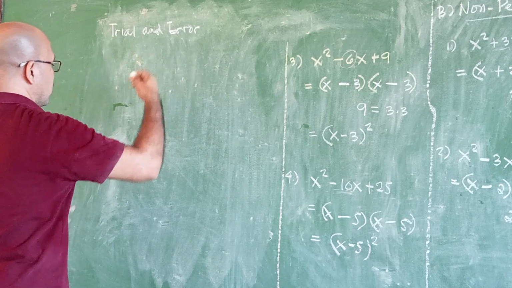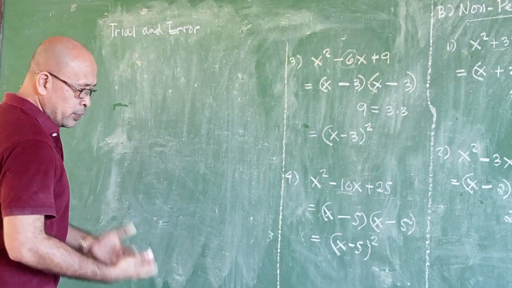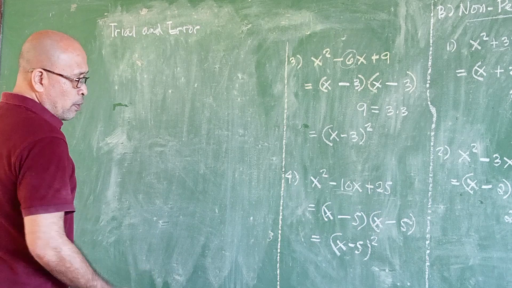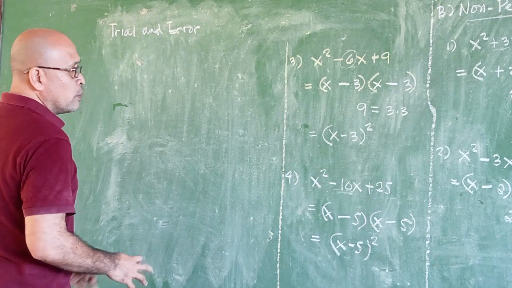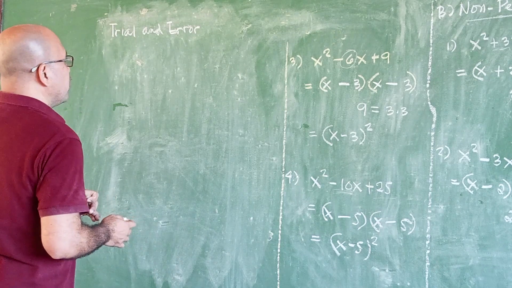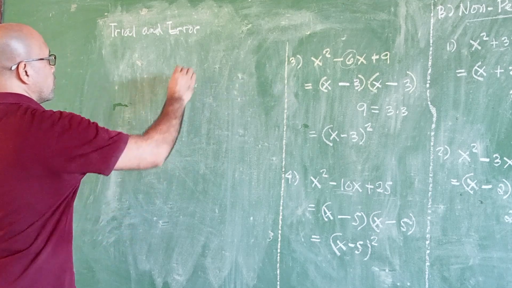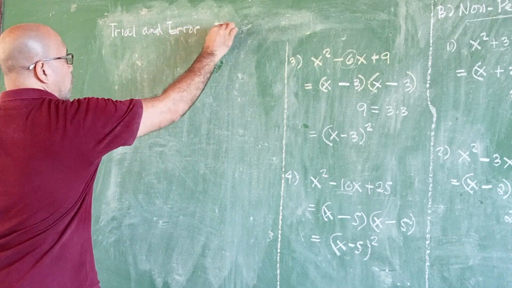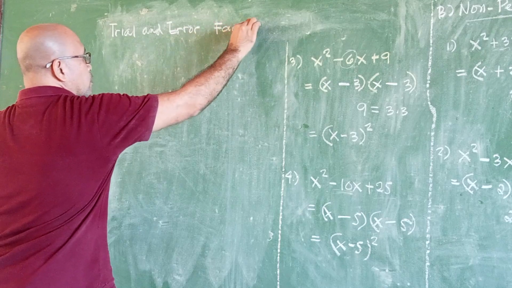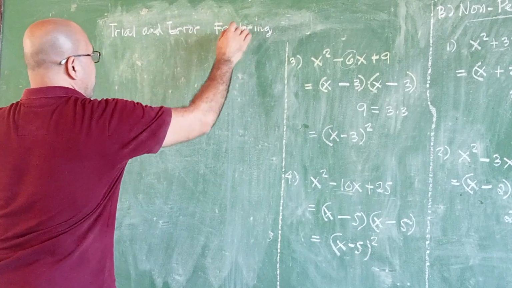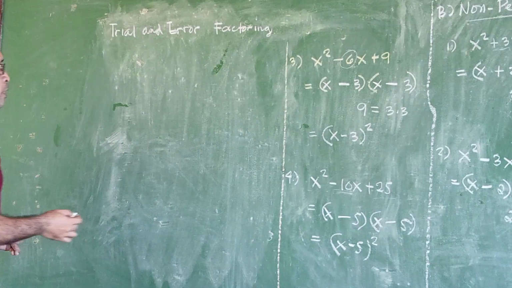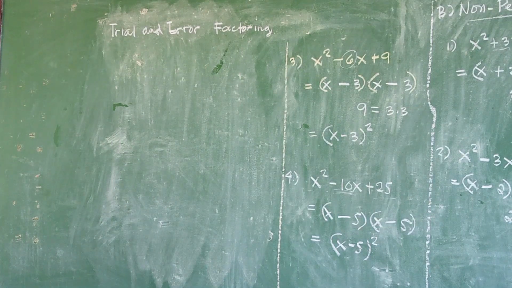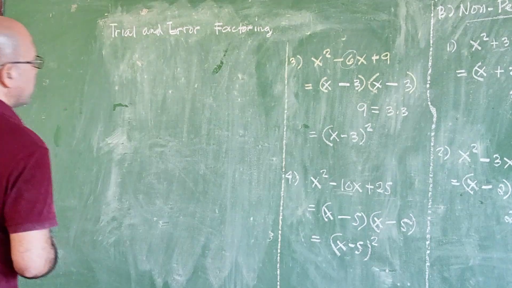So trial and error, because there is a possibility that the first attempt will not give you the required factors that you need for that given trinomial. So trial and error factoring. You need several other attempts before you can get the required factors of that trinomial.